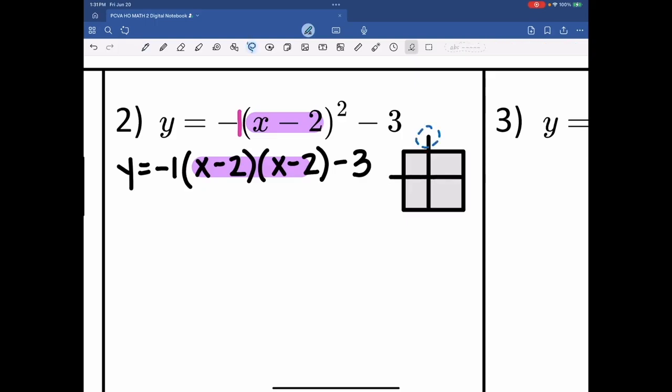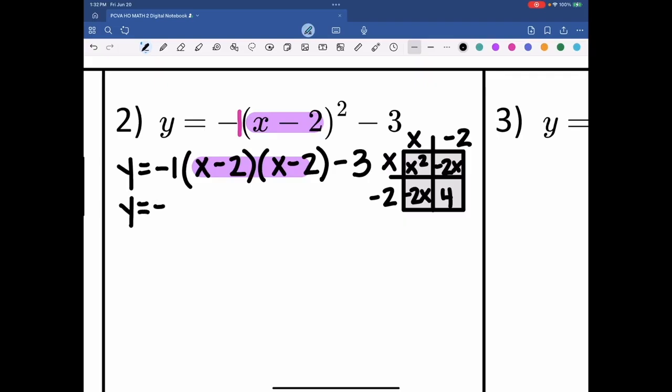So when I'm looking at this one, I got x and negative 2, x and negative 2. That's going to be x squared, negative 2x, negative 2x, and positive 4. So this becomes x squared, combine those like terms to make it negative 4x, plus 4, minus 3.